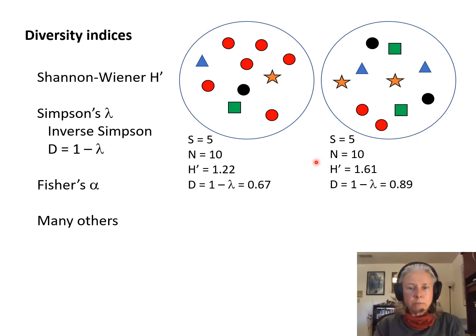And so the idea is you calculate many of these and you see, okay, they've got the same number of species, they've got the same number of individuals, but this right community has a higher value here, so it's going to be more diverse. And by Simpson's, it's got a higher value here than the one on the left, and so it's more diverse. And so therefore, I think that the community on the right is going to be more diverse. And by looking at this cartoon, we know that to be true.